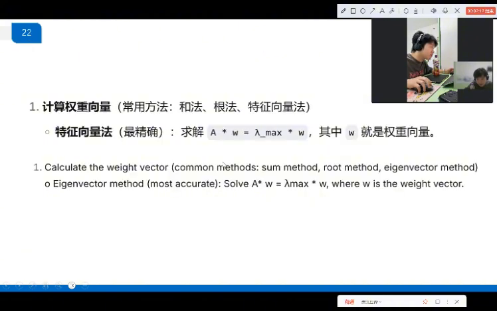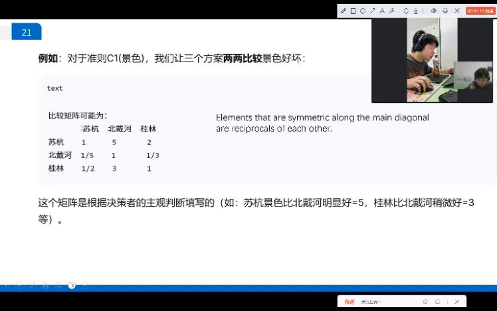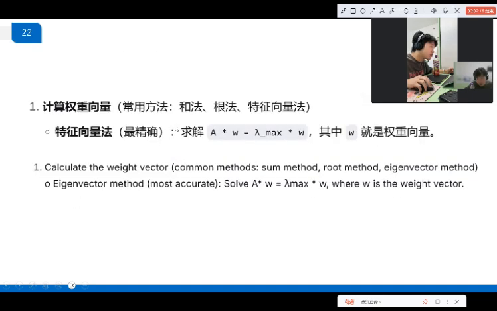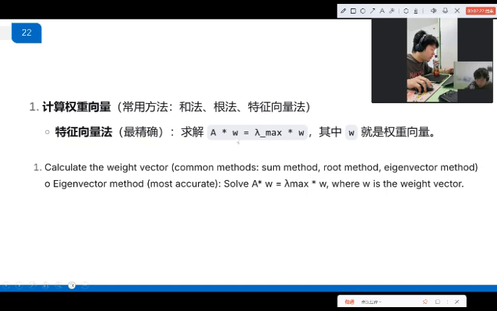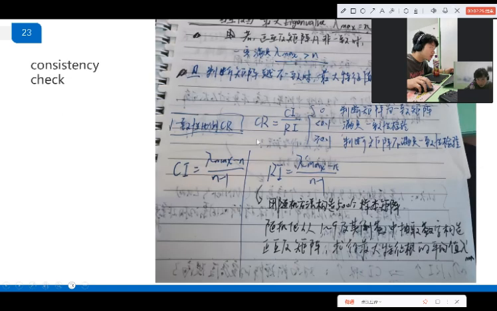And then after that, we get this matrix. We could find its eigenvalue and its corresponding eigenvectors. Before that, we must do a consistency check to prevent the test taker from inputting randomly.